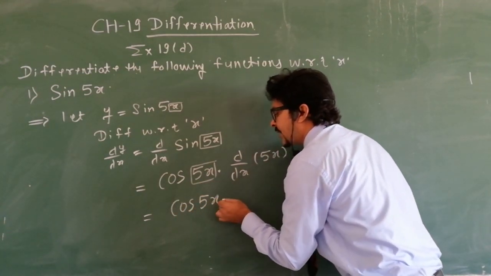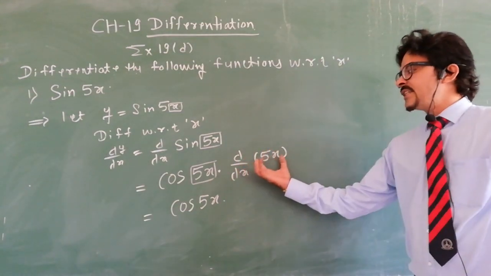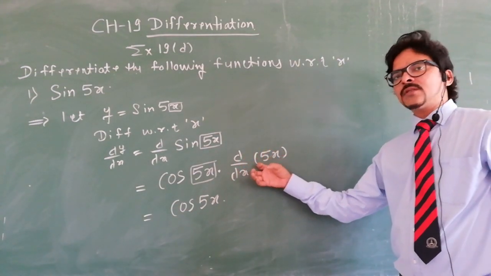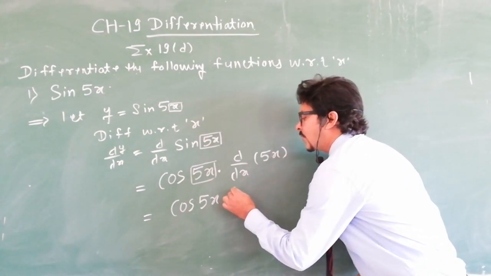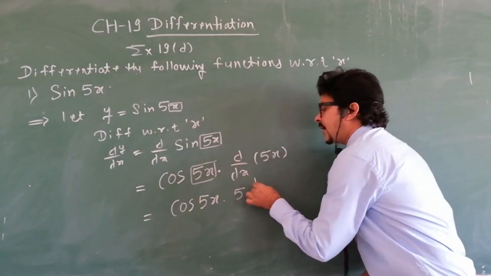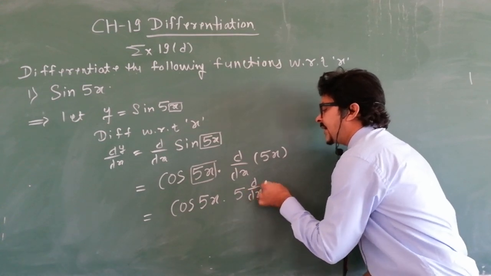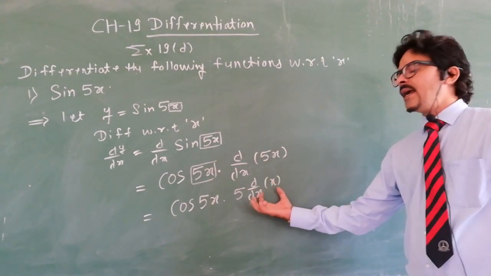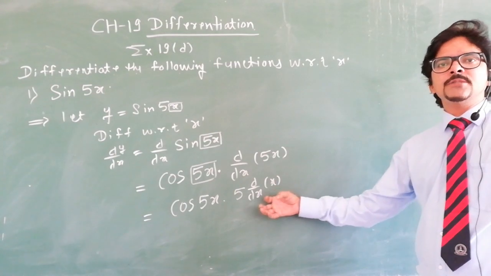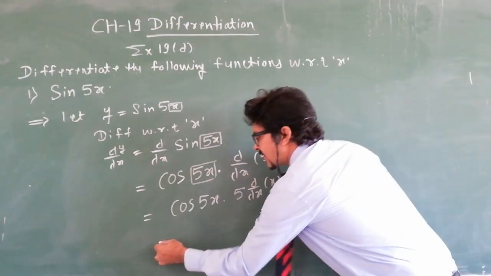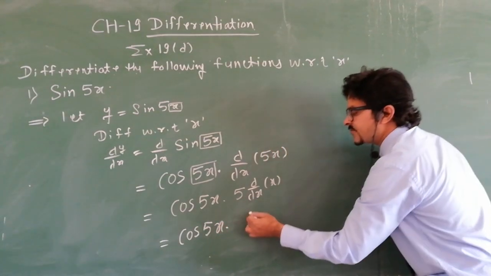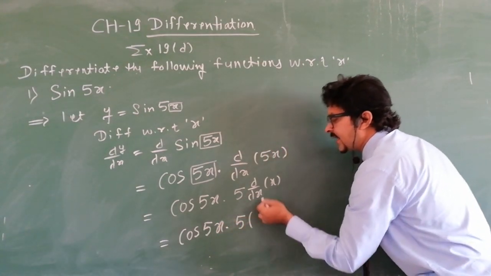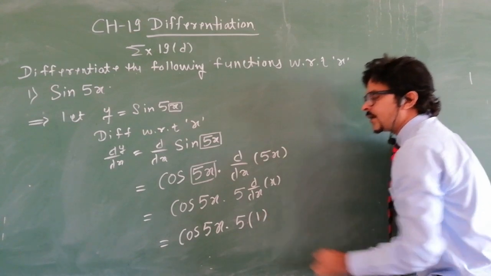Cos 5x. Now here we need to differentiate this 5x. As you know, 5 is a constant, so we can take it common. It gives you 5 into d by dx of x. As we know, the derivative of x with respect to x is 1. So in the next step we write cos 5x into 5 as it is, into the derivative of x, which gives 1.